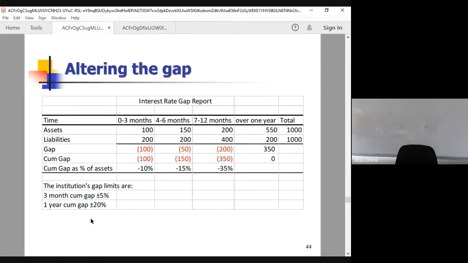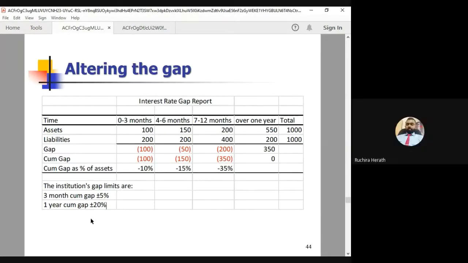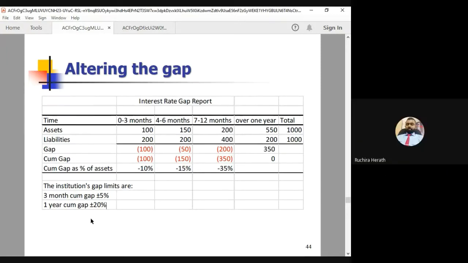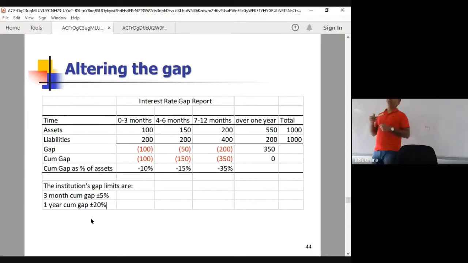Sorry, my apologies. Interest rates go up, what happens? You have to pay higher interest. Your NII should go down because you have a negative gap.